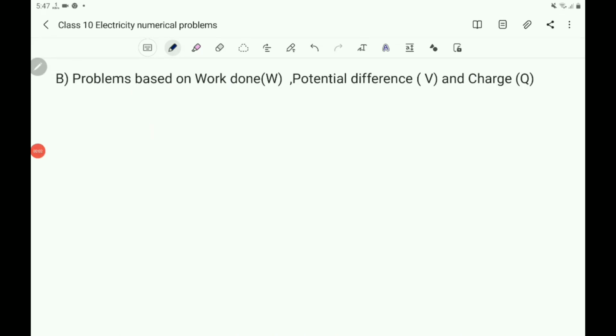Now let us solve the problems based on work done W, potential difference V and charge Q. Now let us write the first question.